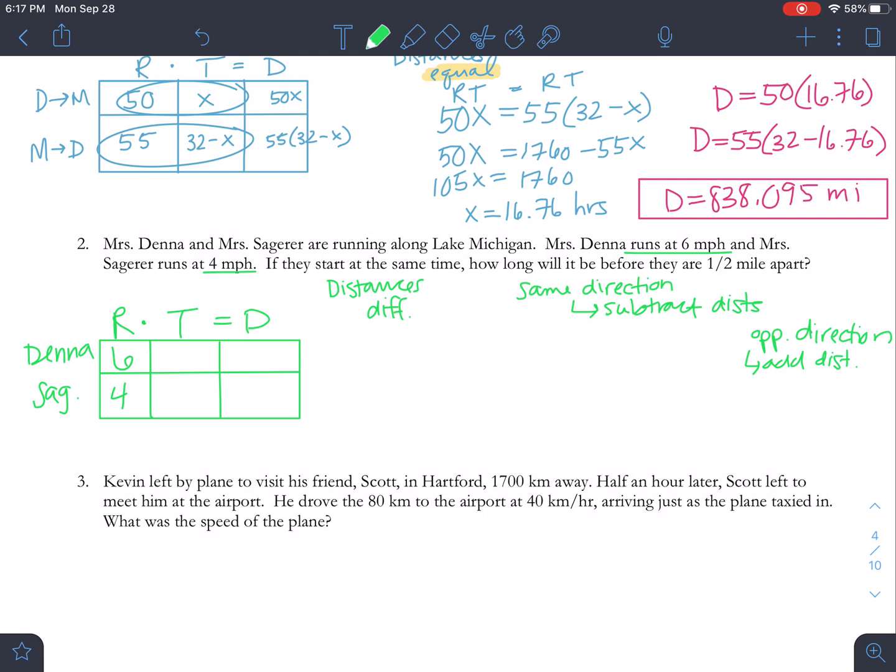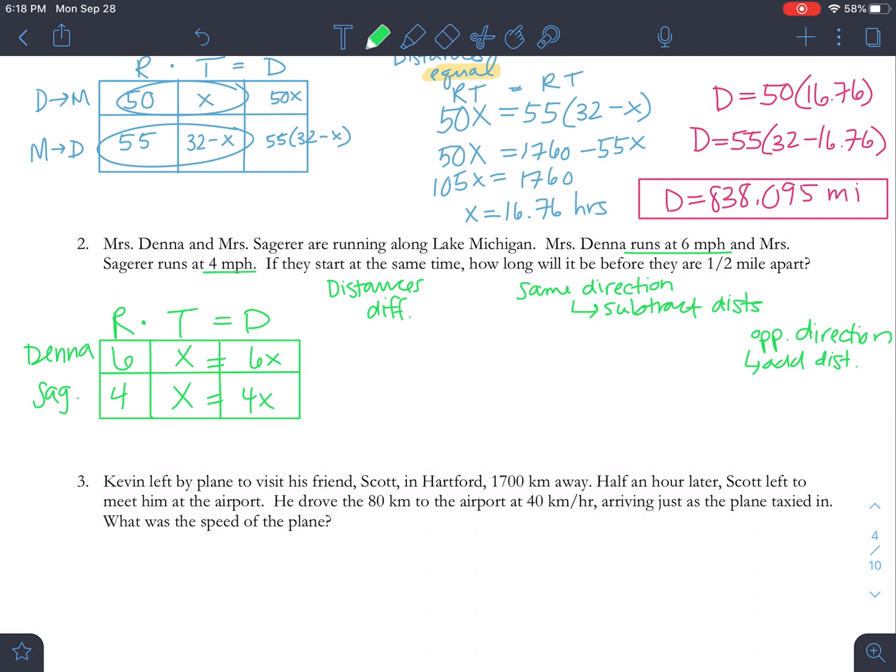Okay, and for time, okay, we know, are the times the same, different? Did we give a time? Well, it said if they start at the same time. So technically, it's just some time t, or you could say x if you guys like that better, maybe. So they run the same amount of time. You start the clock and you end the clock at the same time, so x. Okay, so Mrs. Denna's distance would technically be 6x, and Sager's distance would be 4x.